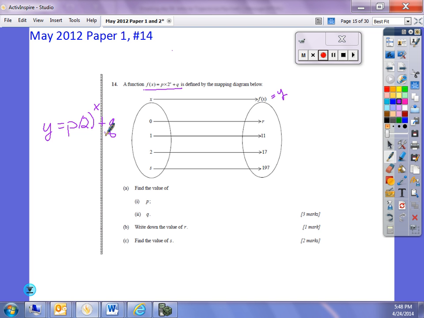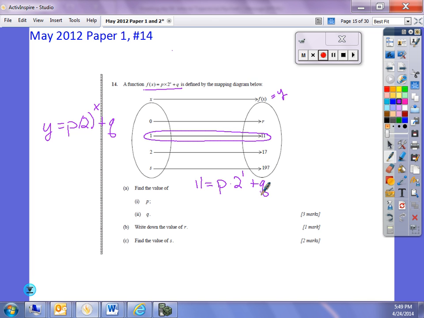So it says find the value of p. This is what I'm going to do. I'm going to set up a system of equations and fill in x and y with the information that I know. From this mapping, I know that 11, that's the y value, is equal to p, I don't know what p is, times 2 to the power of 1 plus q, because the exponent 1 is the x.